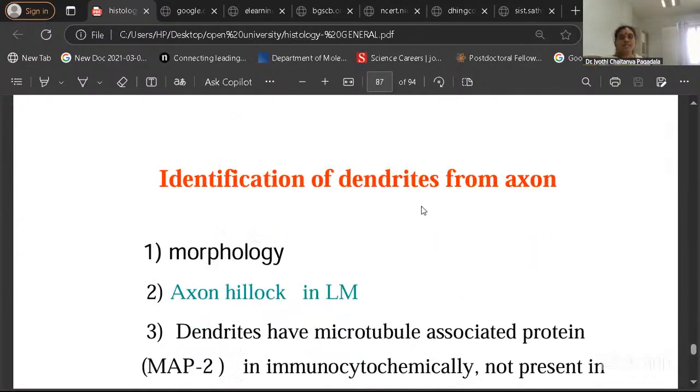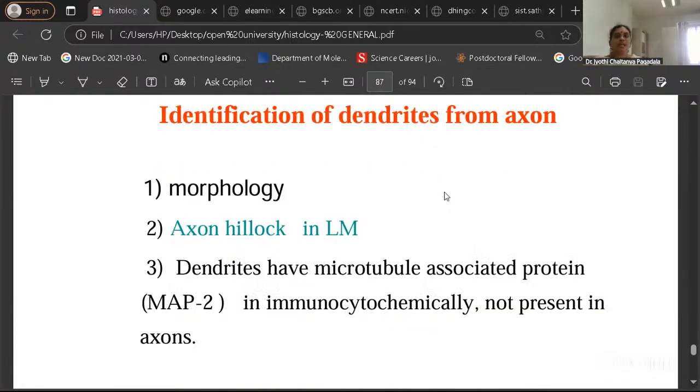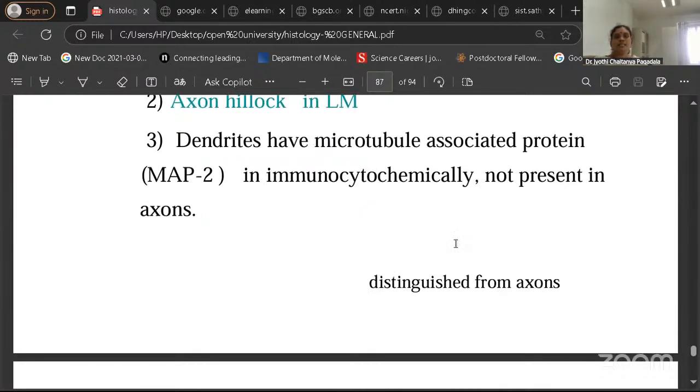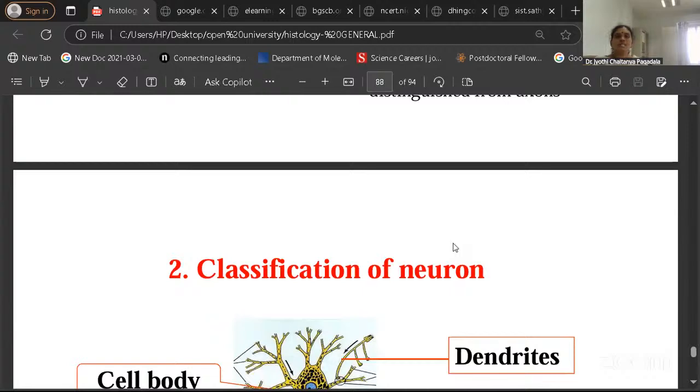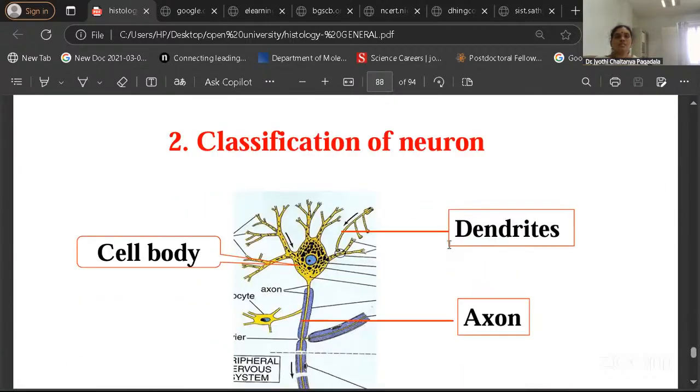Identification of dendrites from the axon: dendrites have microtubules associated with the protein MAP2, which is immunocytochemically not present in axons, which distinguishes dendrites from the axon.